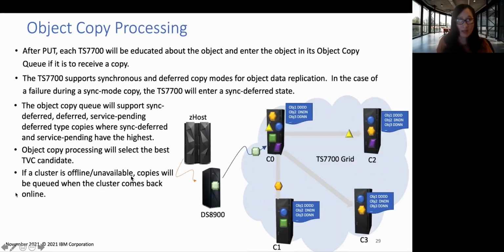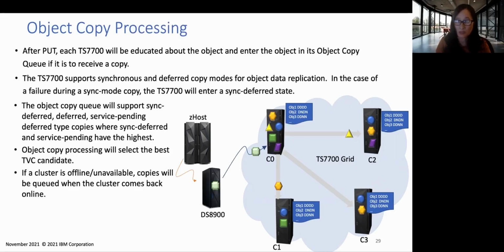So object copy processing. This works fairly similar to how we handle logical volume copies, where you do a put to a 7700. That 7700 will look at its policy.